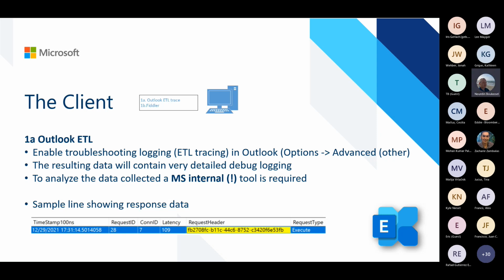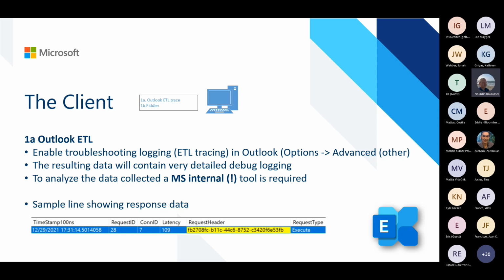This was originally designed by the Outlook development team for their own troubleshooting. So you can collect the data. It goes into the user's temp directory of his environment. But to analyze it, there's only an MS internal tool capable of doing so.